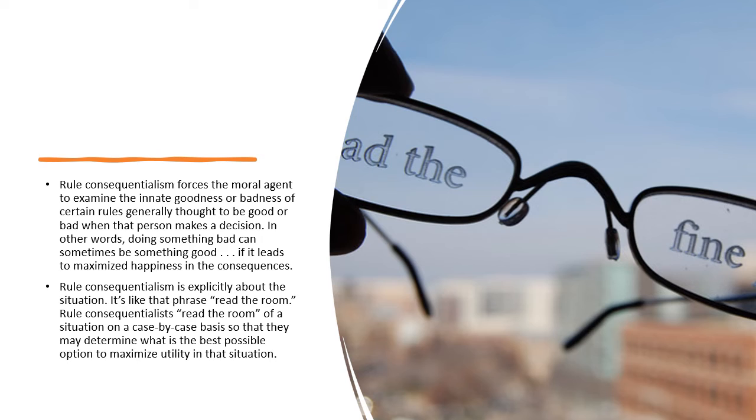It's like that phrase, read the room, because rule consequentialists read the room of a situation on a case-by-case basis so that they may determine what is the best possible option to maximize utility in that situation. So depending on the situation, a usually moral act like telling the truth might not be the best option.